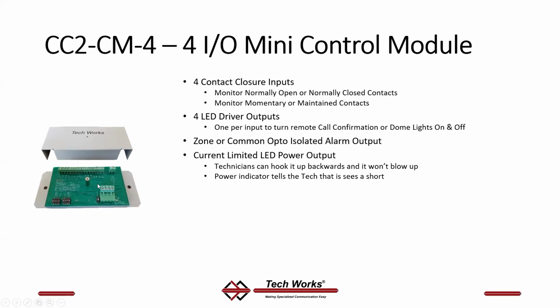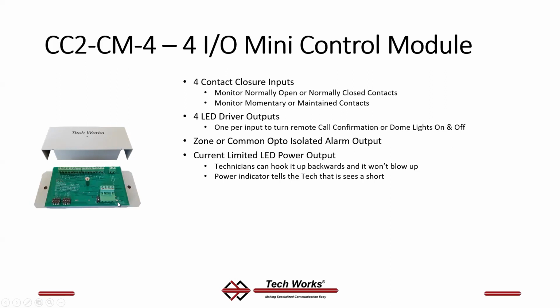Current limited output. What does that mean? Well, the current limited output on the LEDs, there's actually a built-in electronic circuit breaker in here so that if the technician hooks the wires up backwards in the field, which I know you would never do, but it happens all the time, the wires get crossed on installation, and this unit will go into a shutdown mode.